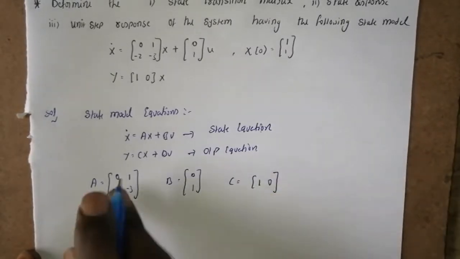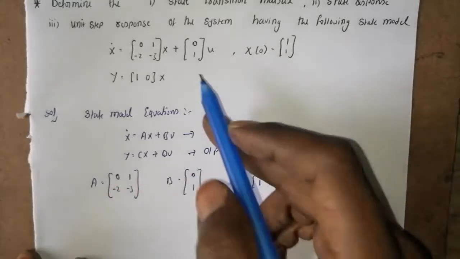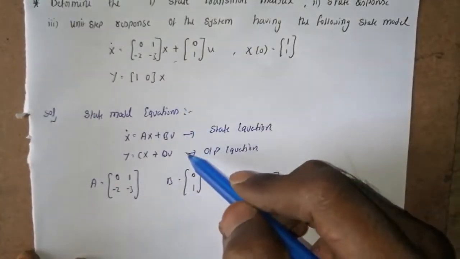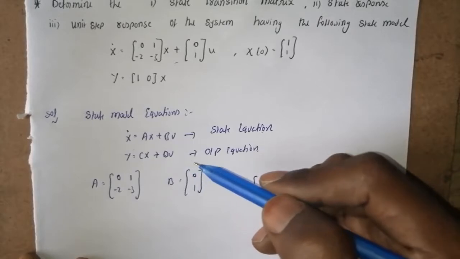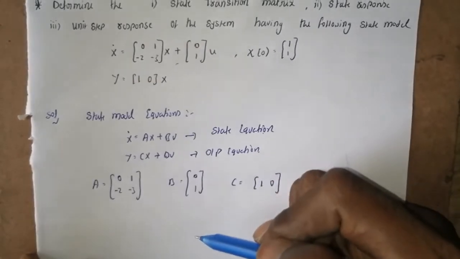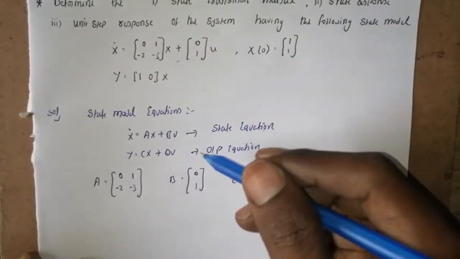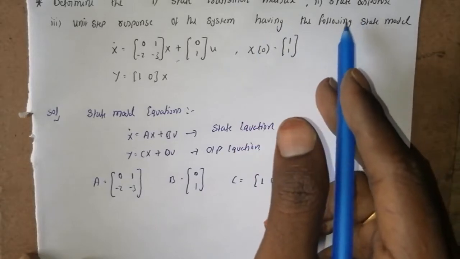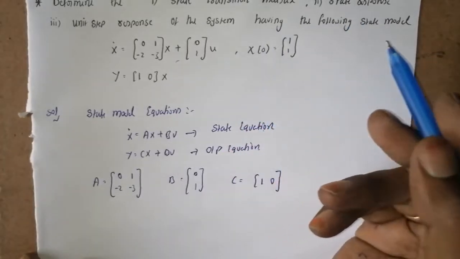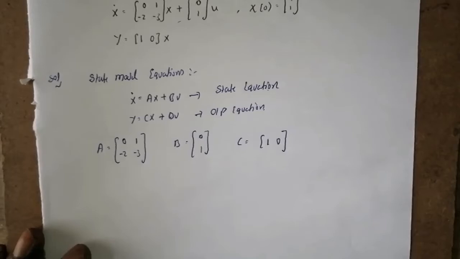These are the matrices we can obtain when comparing the given state model equation with the normal state model equations. From these three matrices we have to find the state transition matrix, the response for unit step input, as well as the normal response.